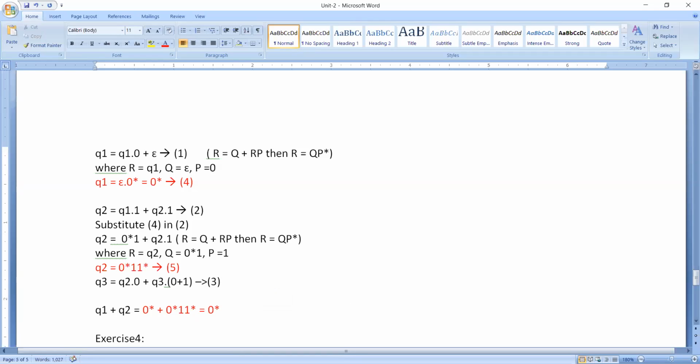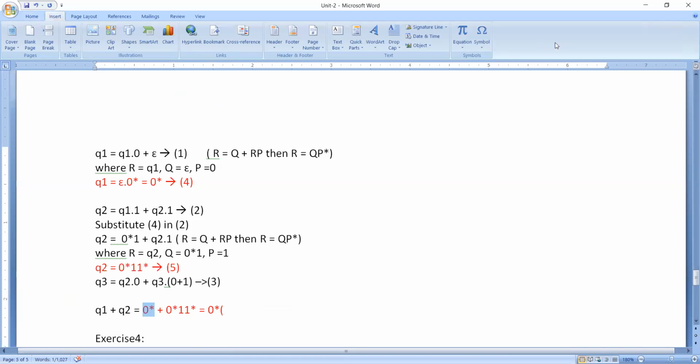Once we take 0 star as common, in the place of this we get epsilon, so it will be epsilon plus, and from the other term, taking 0 star as common, it will be 1 1 star.